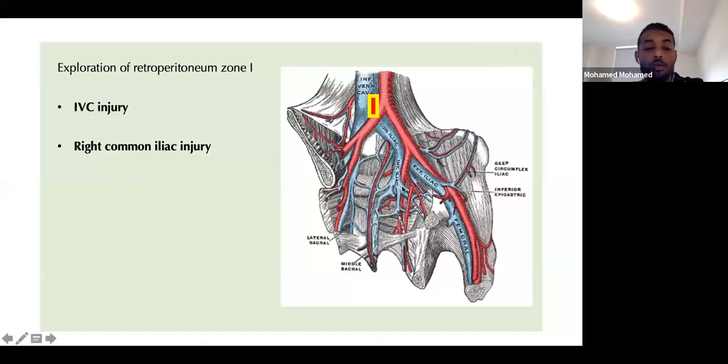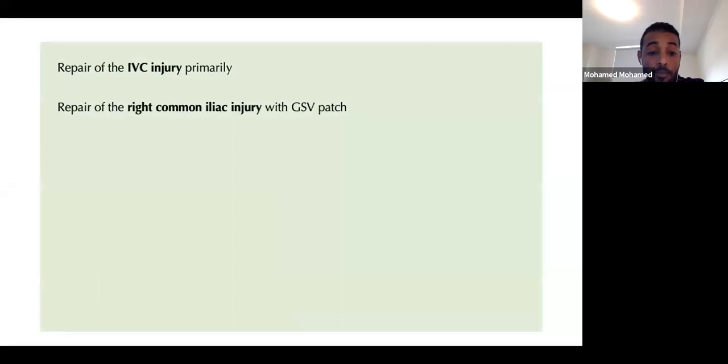All right. So as we were repairing the IVC injury, we had called our colleagues from vascular just because of the proximity of the injury to the bifurcation of the aorta, and they came in. What they did is they harvested a GSV from the groin, and they used it as a patch.